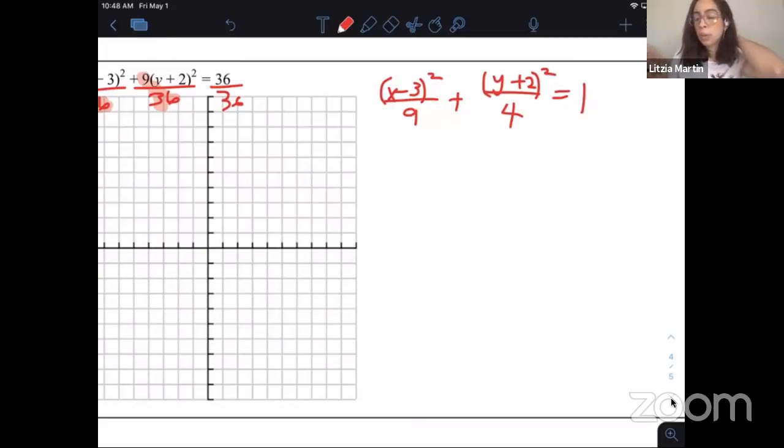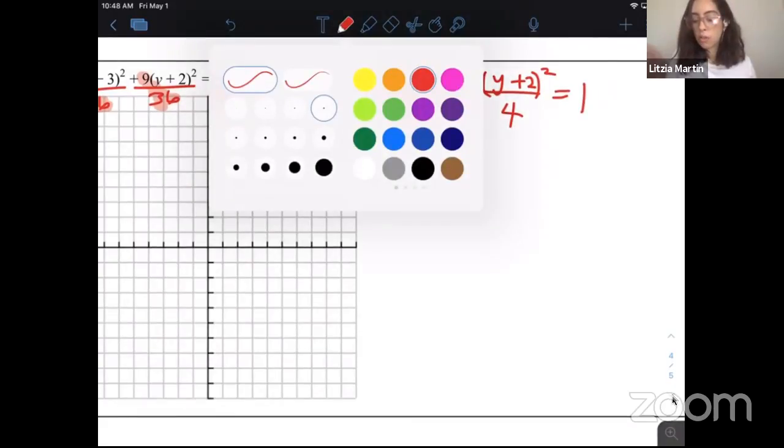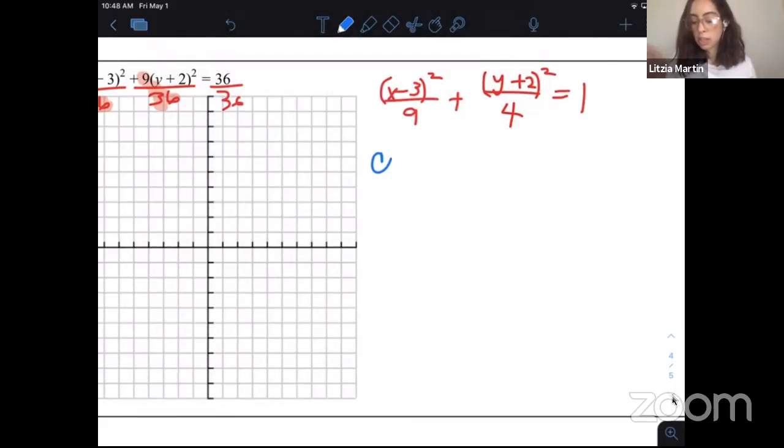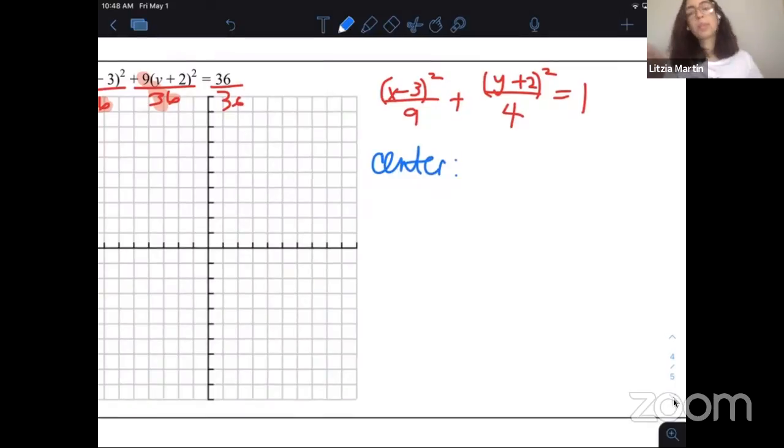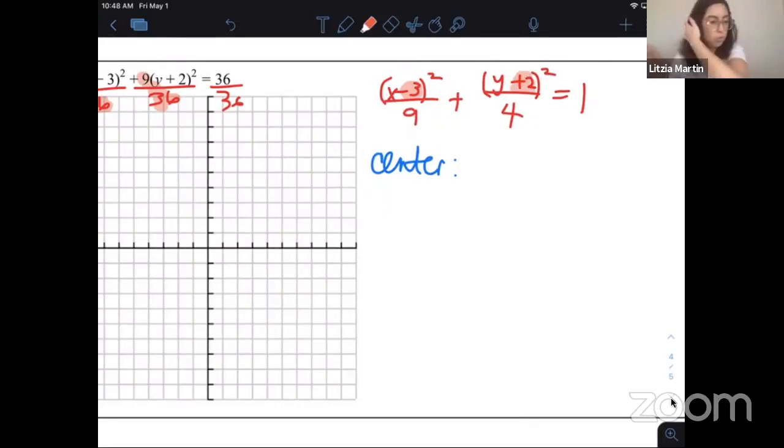And from here, we can determine different things. First of all, we can see what our center will be. The center comes from that value and that value, but just remember you want to think opposite.